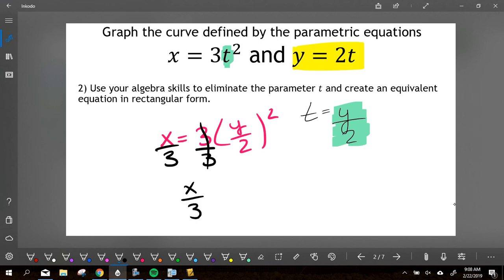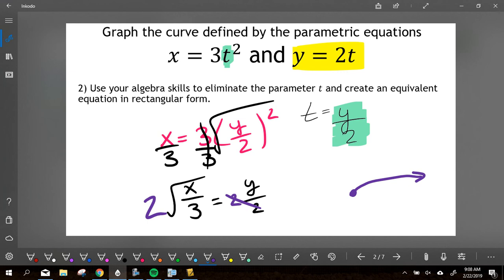Square root it. We square rooted to get rid of the square. And then what else would I need to do? Multiply by 2. Think about what that shape would be. What would that picture right there get you? Show me with your arm what shape is a square root graph. It's just a teapot. It's just this thing. Is that what we just graphed? What else do I need to include in order to graph that thing?